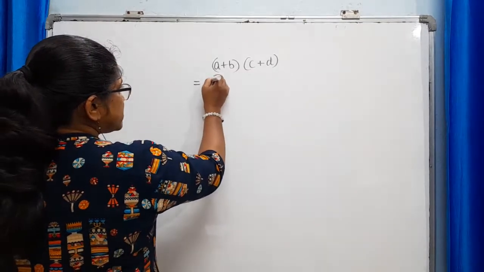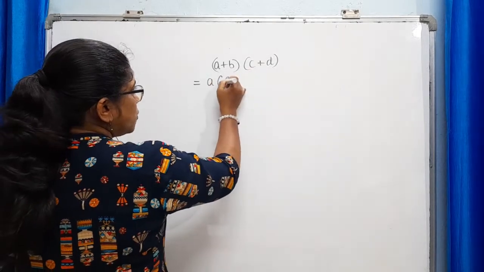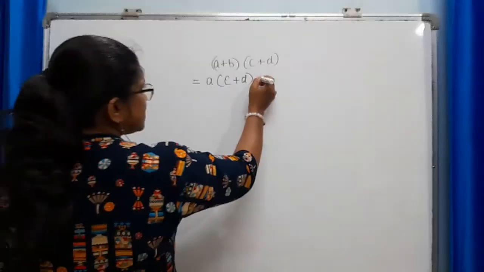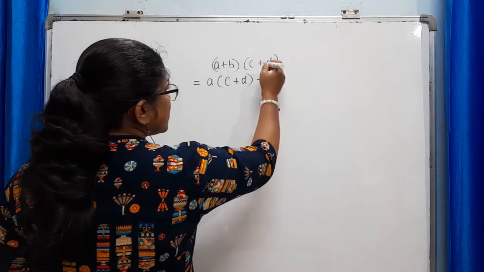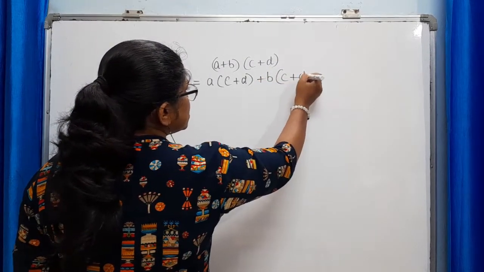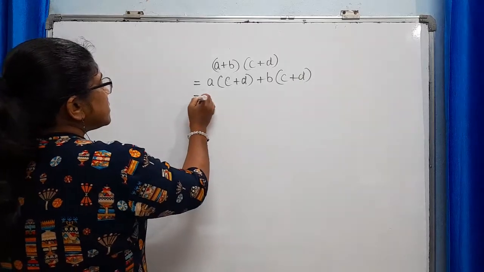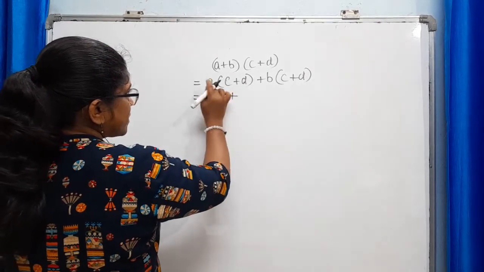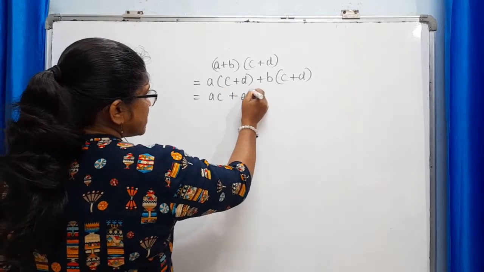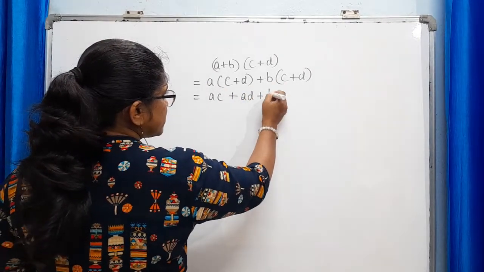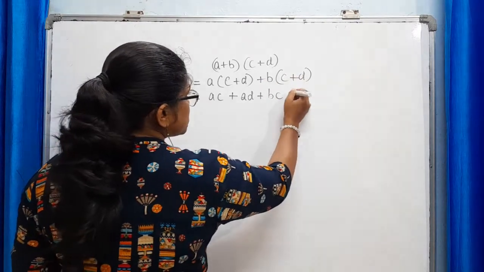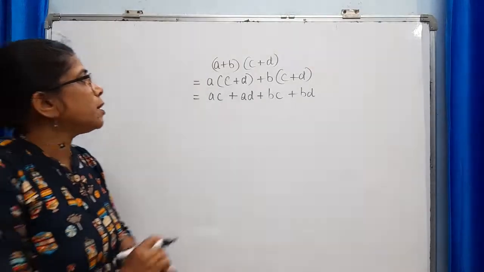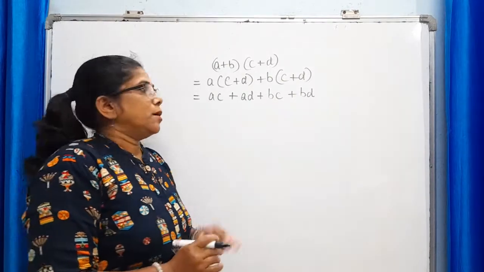First term, that is a, we have to multiply with this c plus d, and the next term we have to multiply again with the second bracket. Now what we have here: a into c is ac, a into d is ad, b into c is bc, and b into d is bd. So this is how we have to multiply binomial into binomial.